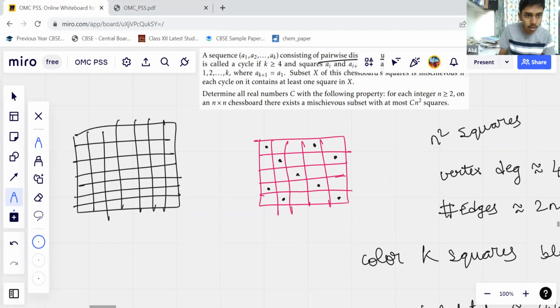As Arif said, we can just color this stuff. Leave 2, color this. Color this. Something like this. So basically, these squares are the ones we are going to color.